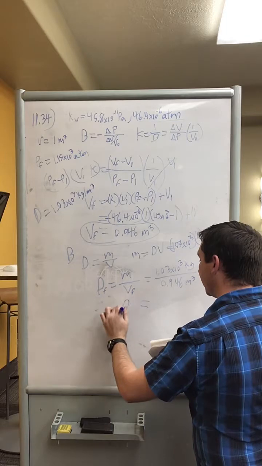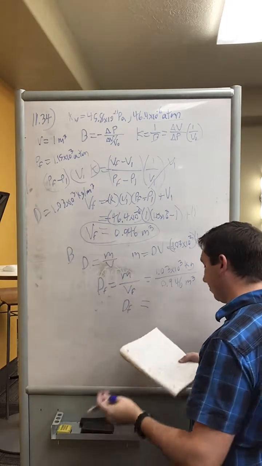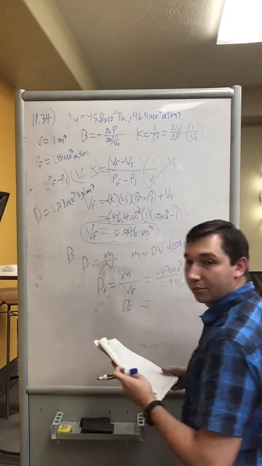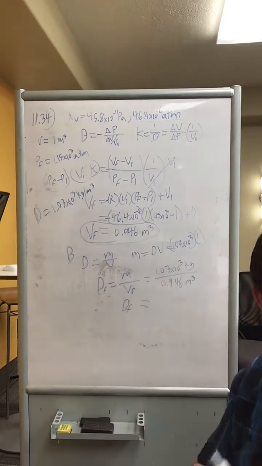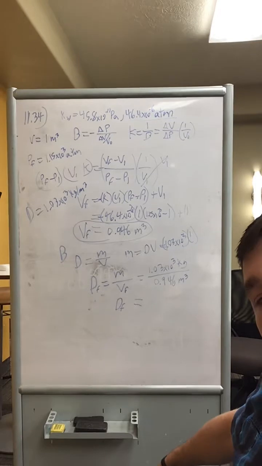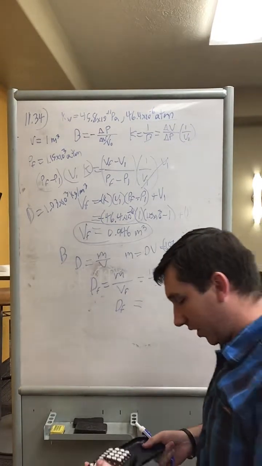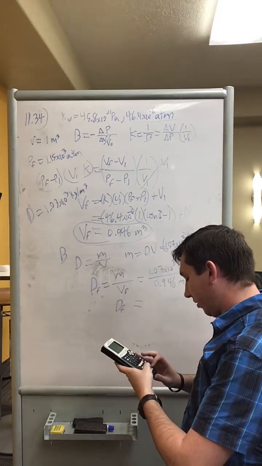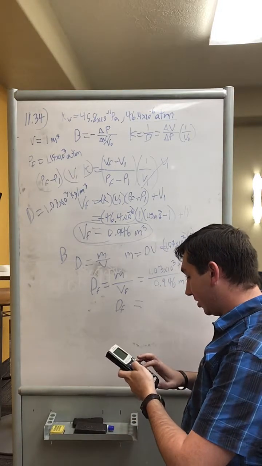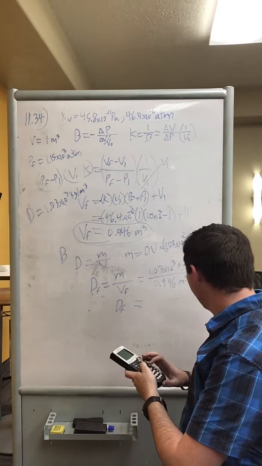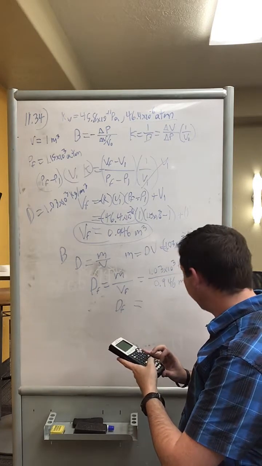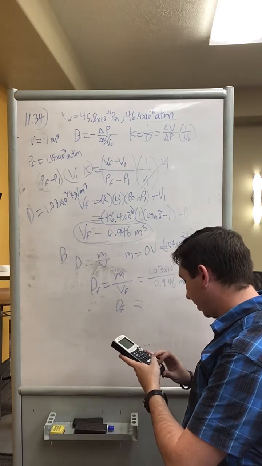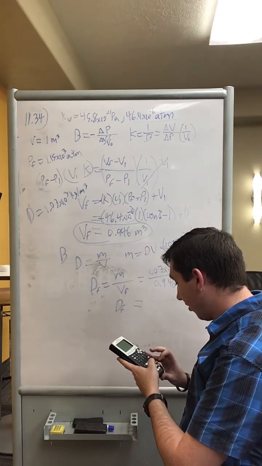And so that gives us our density at that depth. Let me just double check this: 1.03 times 10 to the third divided by 0.946.